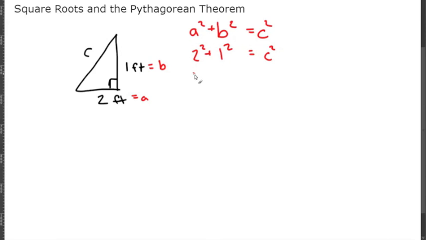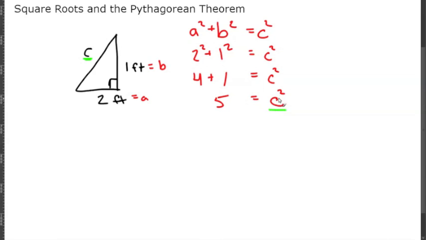2 squared is 2 times 2, which is 4. 1 squared is just 1, and we're left with the c squared on this side. 4 plus 1 is 5, so we have that 5 equals c squared. But we're not done. We're looking for this c, so we need to get rid of this square with the c.